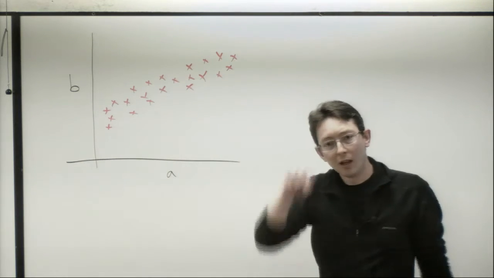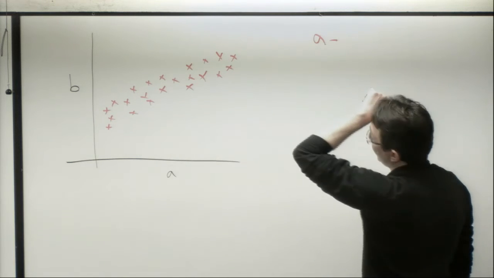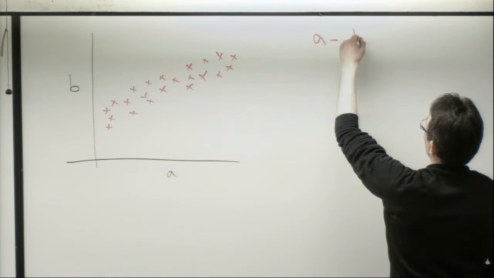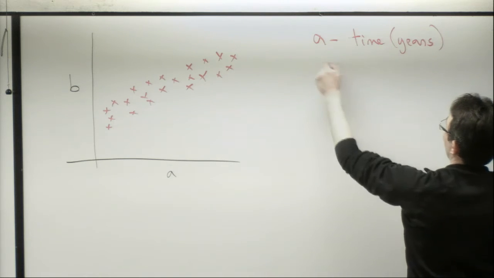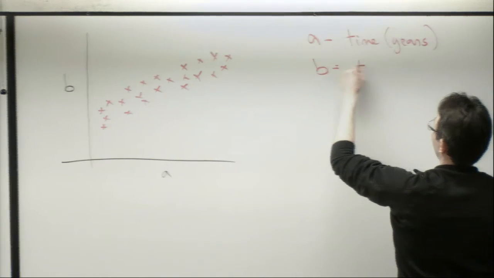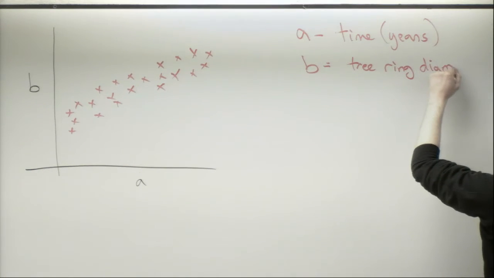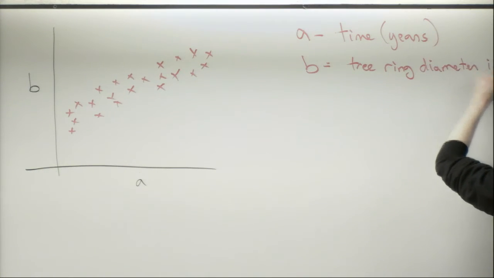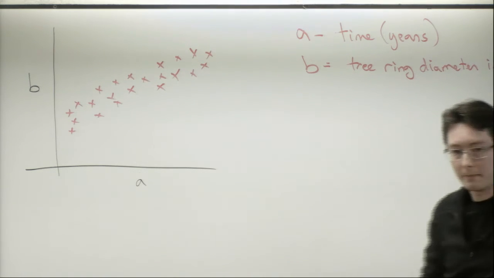Okay. You could say that a is time in years, and b is tree ring diameter in, doesn't matter what units, meters. Okay?